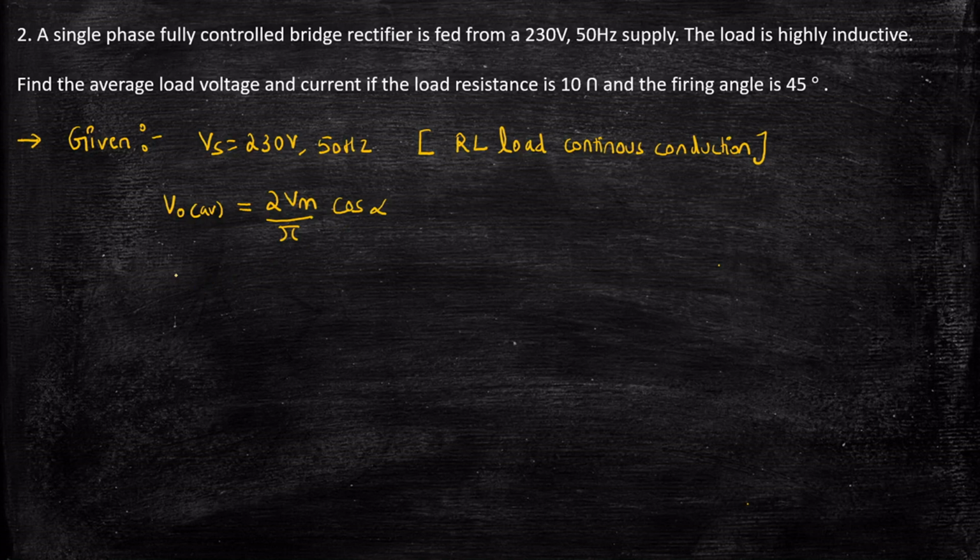So we will be getting Vout average to be equal to, substituting, 2 into root 2 times 230 divided by pi into cos of 45 degrees. So we will be getting Vout average to be equal to 146.42 volts.